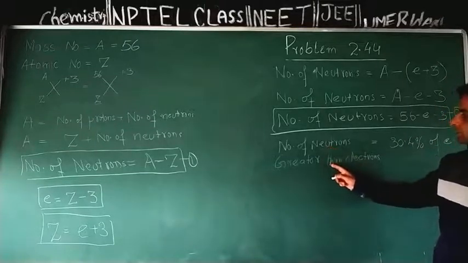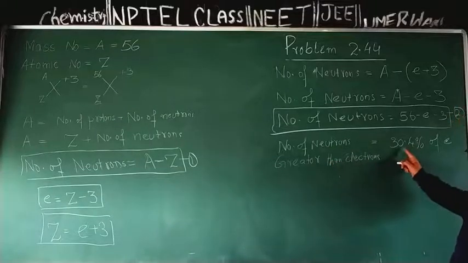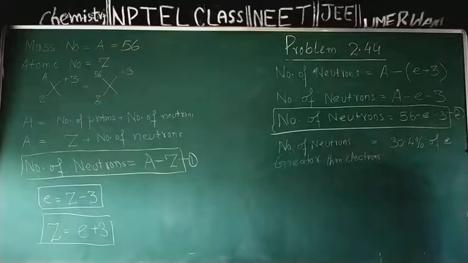In this ion, number of neutrons which are greater than electrons is equal to 30.4% of number of electrons.